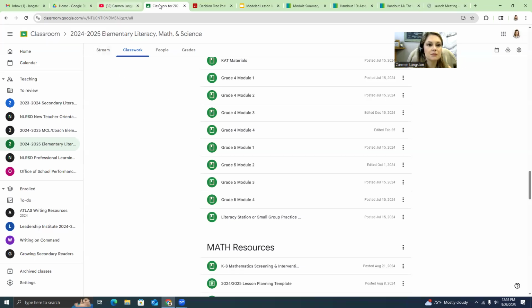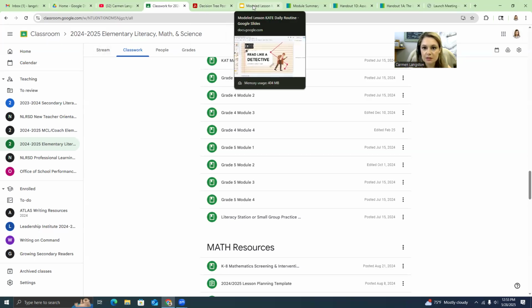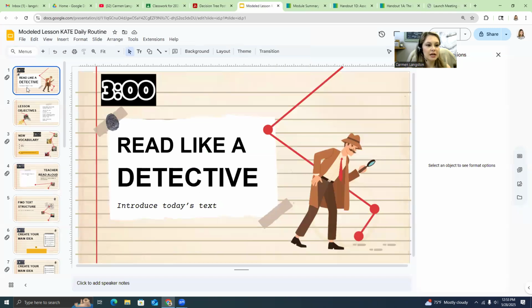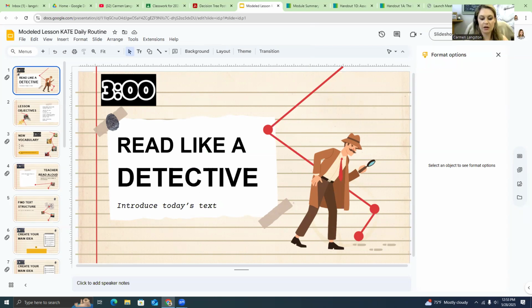Okay. Let me see here. So today I'm going to be modeling Module 1, Lesson 1 from 5th grade, Cultures in Conflict. I'll probably be stepping in and out of my curriculum coordinator role into my teacher role just so we can make sure that we're seeing everything.